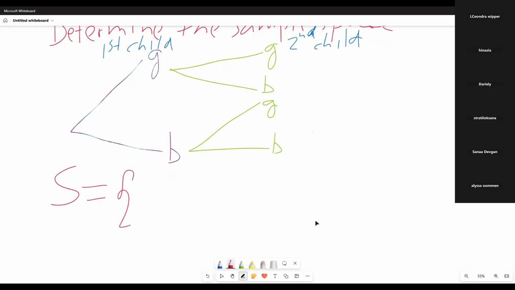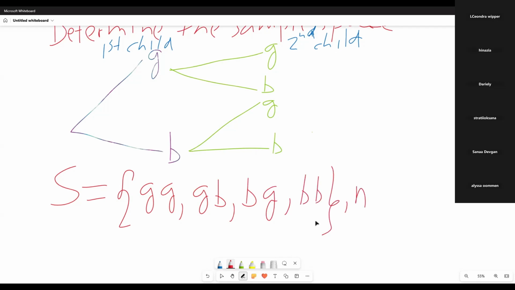Now, the sample space should look like this. So the two people, they try, and then the first one is a girl. The second one can be a girl. So the two children can be girl, girl. Agreed? Yes. Or the first one is a girl, the second one is a boy. Or the first one is a boy, the second one is a girl, or both are boys.